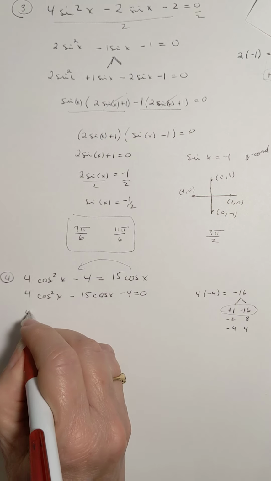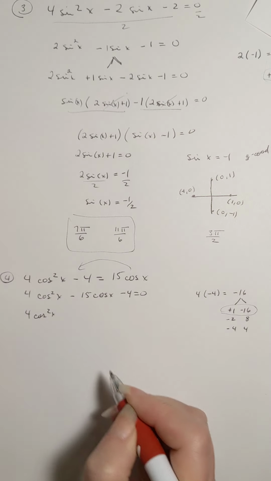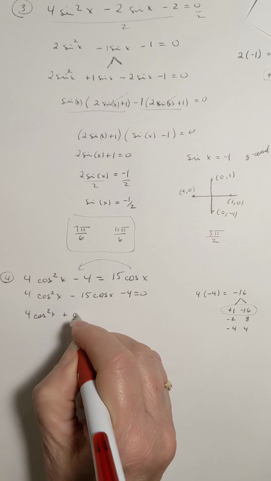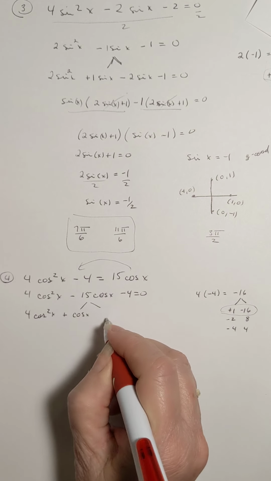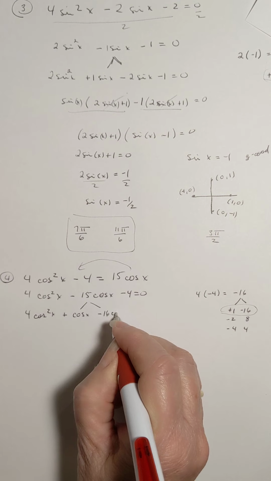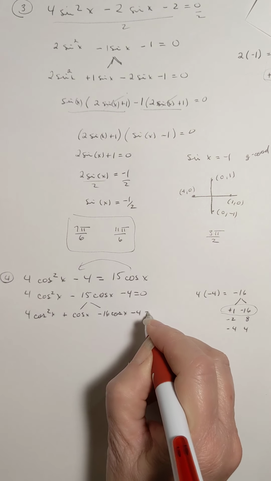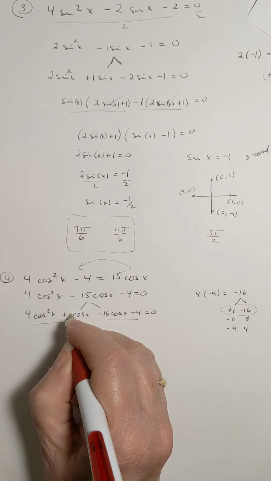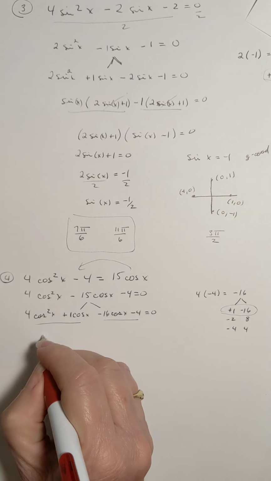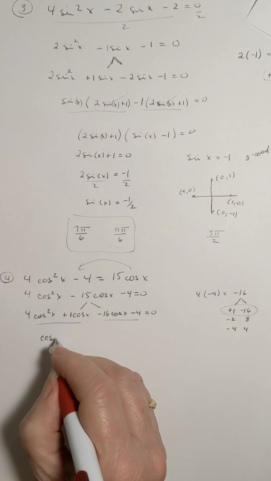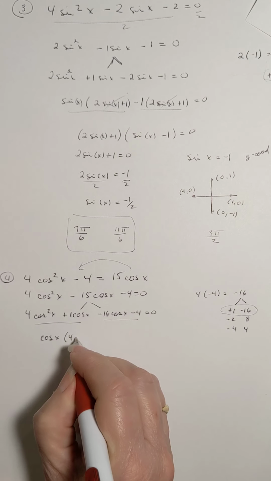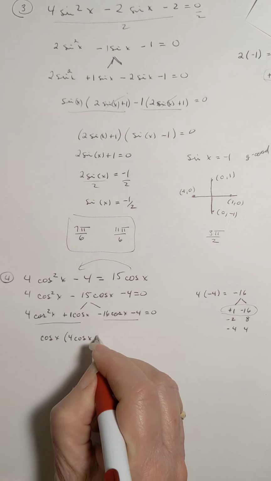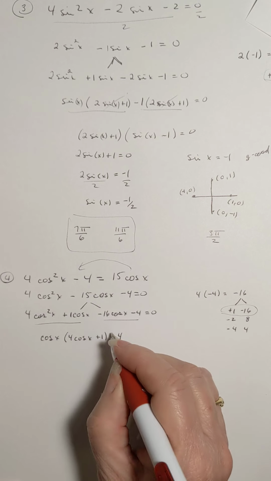So I change both signs. So this would be 4 cosine squared of x plus cosine of x minus 16 cosine of x minus 4. So now I have 4 terms, factor out the cosine of x, and this should be 1 here. And you get cosine of x times 4 cosine of x plus 1. And then take out the negative 4, because notice 4 goes into both of them, and also get the negative out.